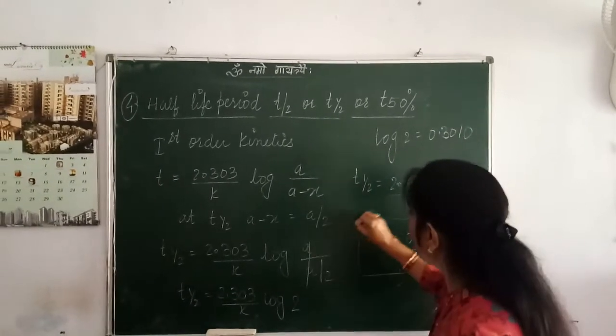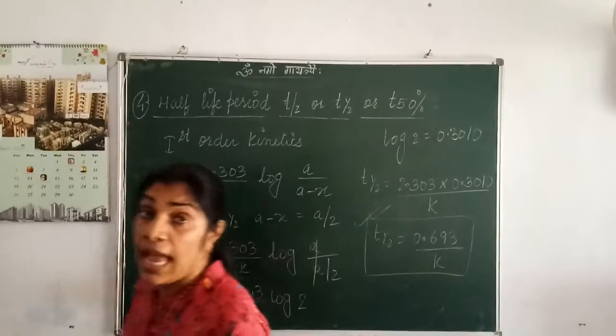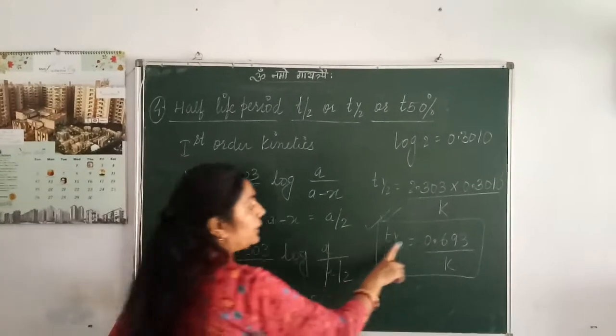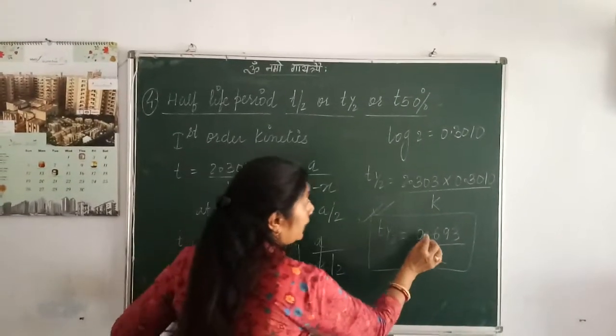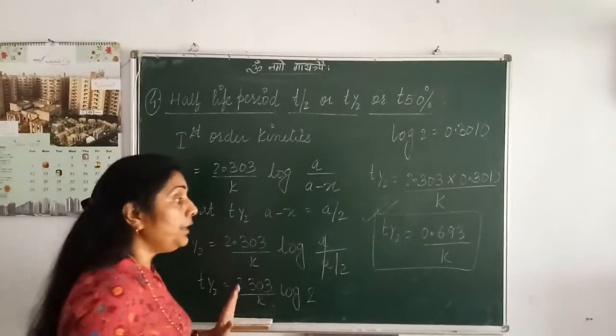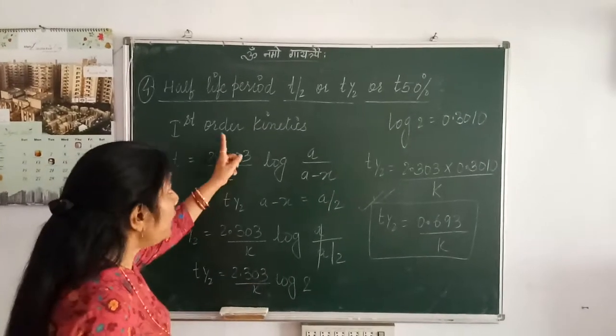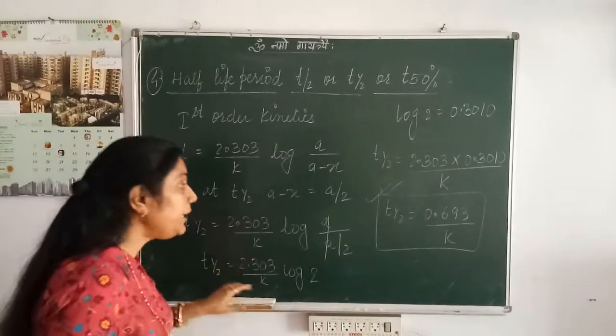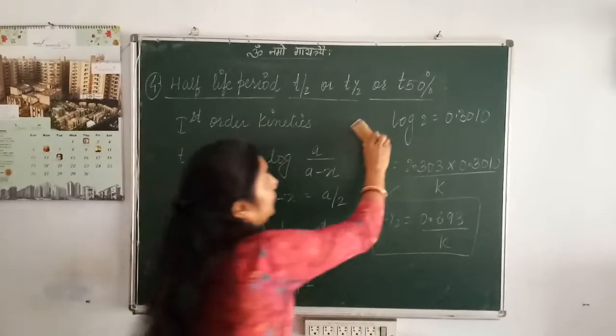This is very important, my dear students. For first order kinetics, T half is equal to 0.693/k, and T half is independent of the initial concentration.